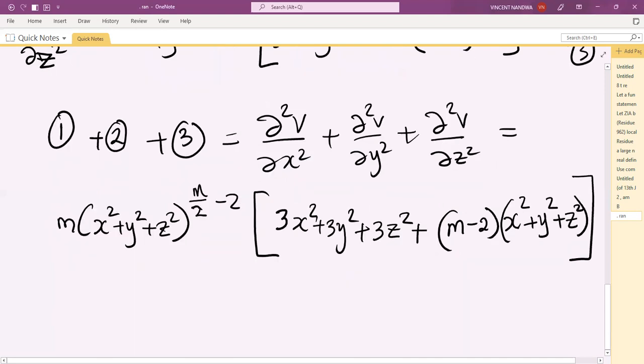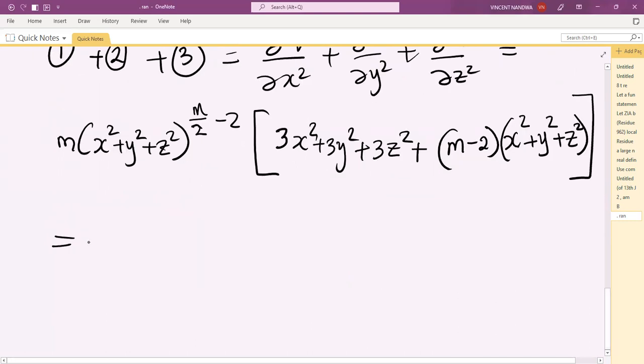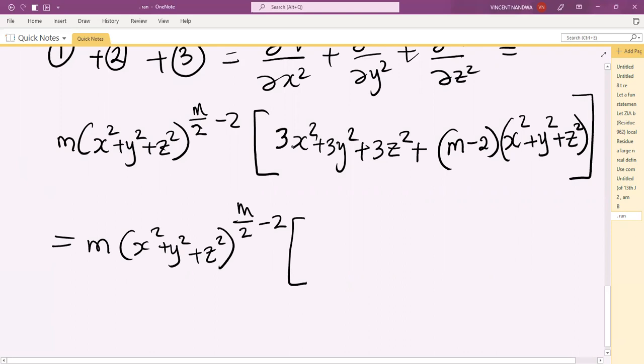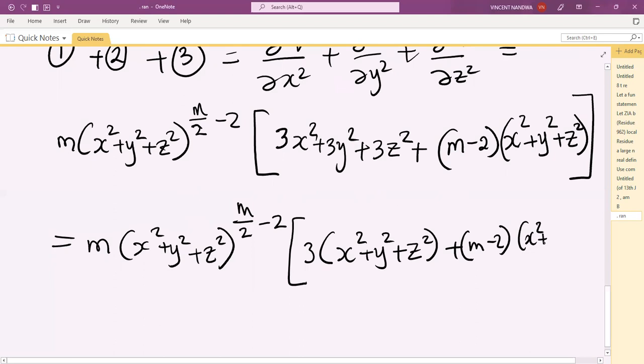And then with this, I can write this equation as m into (x² + y² + z²)^(m/2 − 2) into brackets. Now factor out 3 into (x² + y² + z²) plus (m − 2) into (x² + y² + z²).